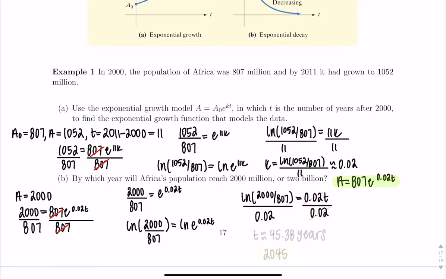We can get a decimal approximation. We get that t is about 45.38 years. Remember that t is the years past 2000. So this will happen in 2045.